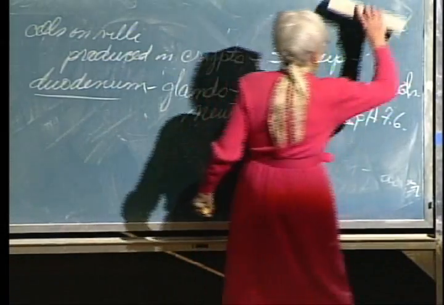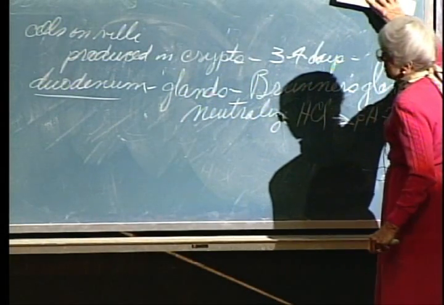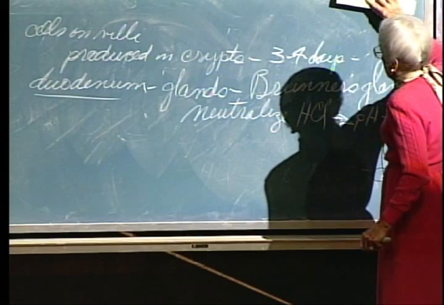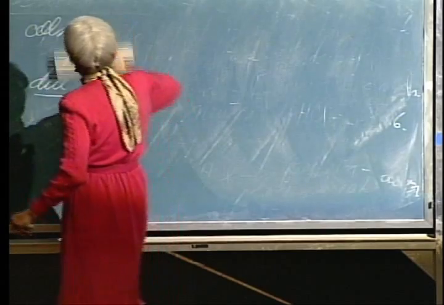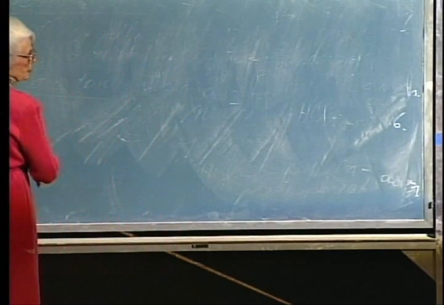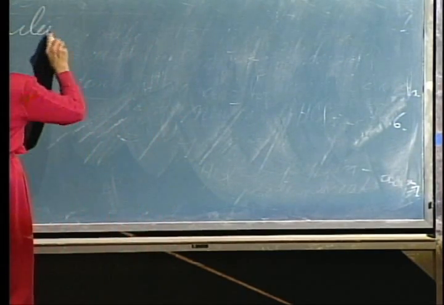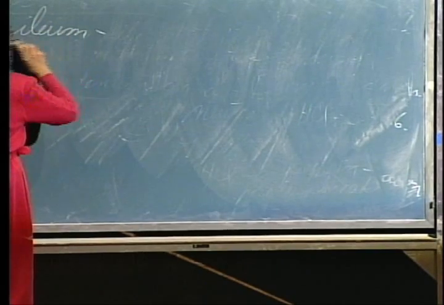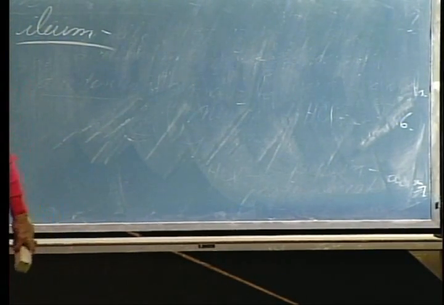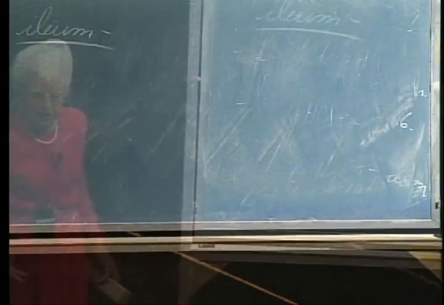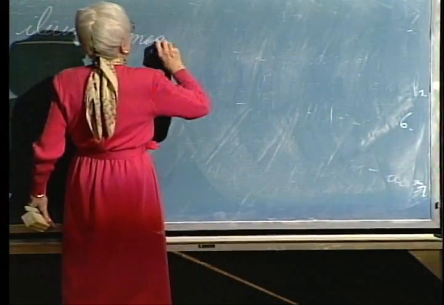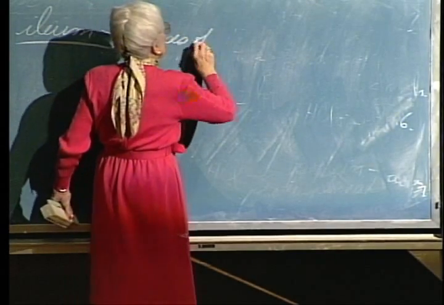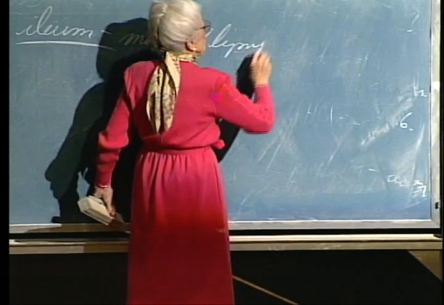So another part of the small intestine, which has a varied characteristic, is the ileum. And it will have masses of lymphocytes. We've learned this before. What are they called? Peyer's patches.